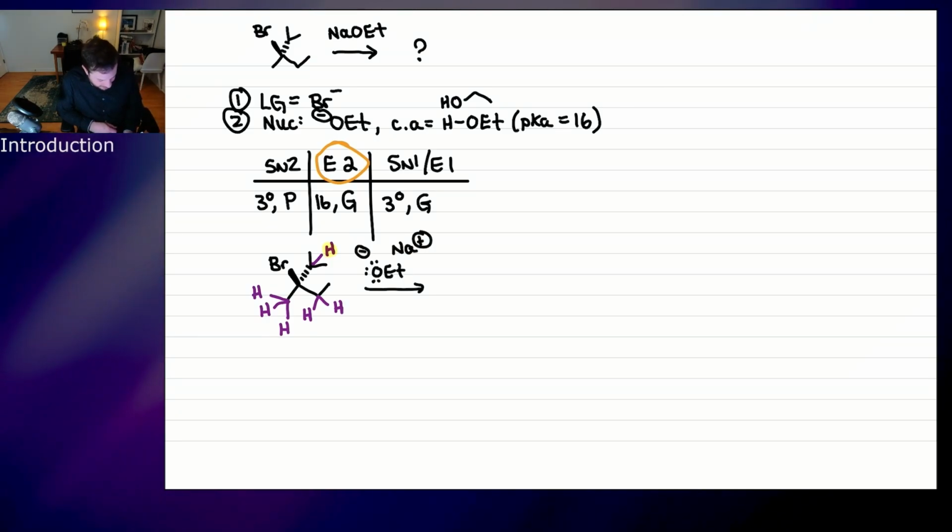The OEt minus is going to grab the priority beta hydrogen. That bond is going to collapse to form a double bond between the alpha and beta carbon, and the leaving group is going to be ejected. Stereochemistry is destroyed in the E2 reaction because the hybridization changes from sp3 to sp2, and so the product looks like this.